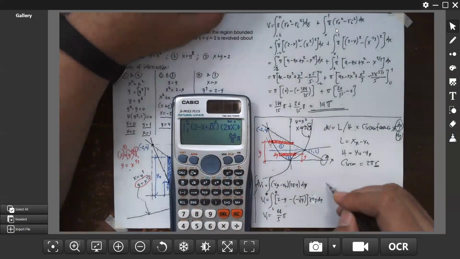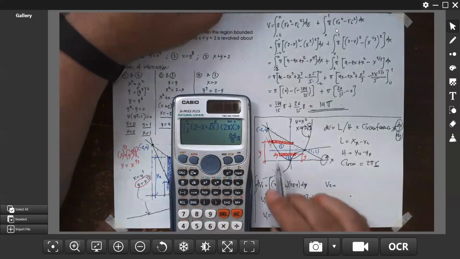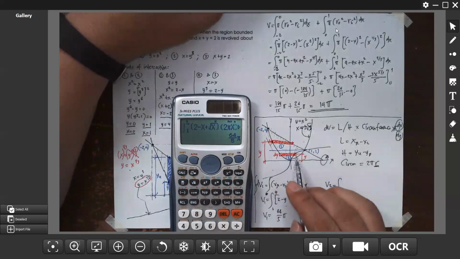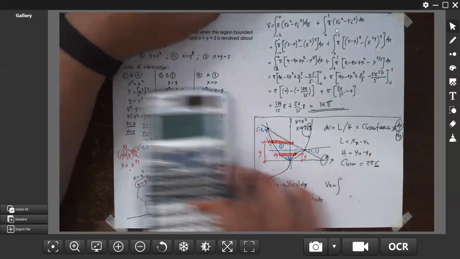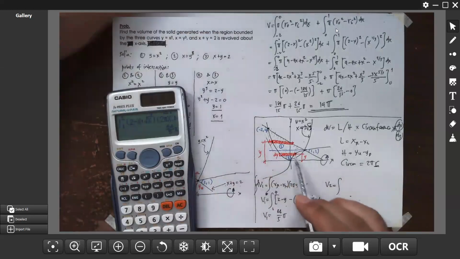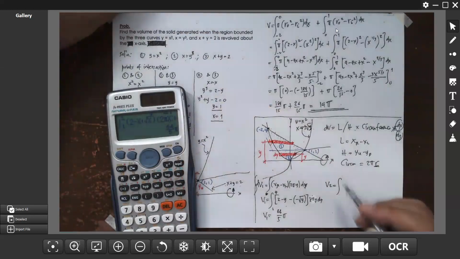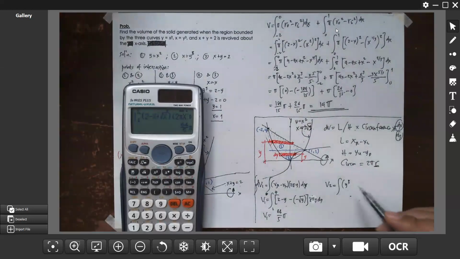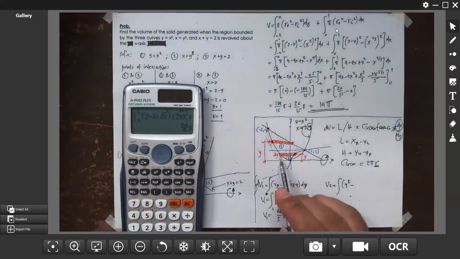Now for V2, we have integral of x right. Our x right is the cubic equation, and for a cubic equation, x is equal to y cube. So therefore, y cube is our x right, minus x left.